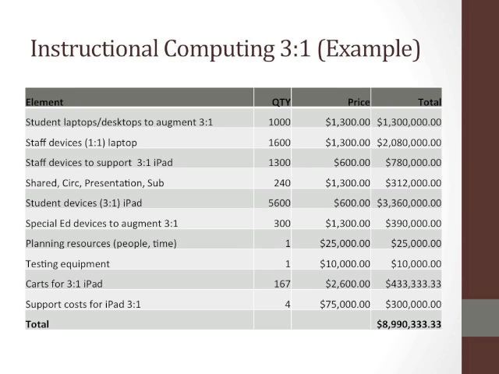We would need some testing equipment, servers and devices themselves and software. We would need some carts, and then we would need to build in some support for an increased number of devices across the district. So this keeps us pretty close to the existing STP capacity, and this iPad example is really just that. It's just an example of how we might better that ratio given a lower cost device.